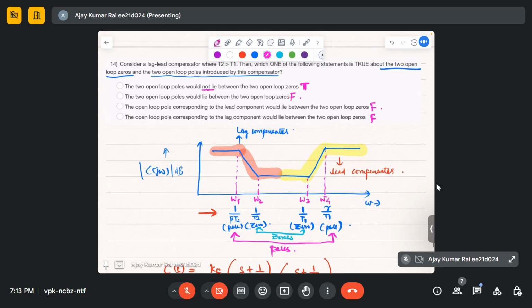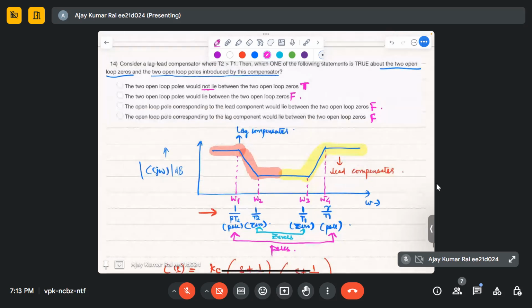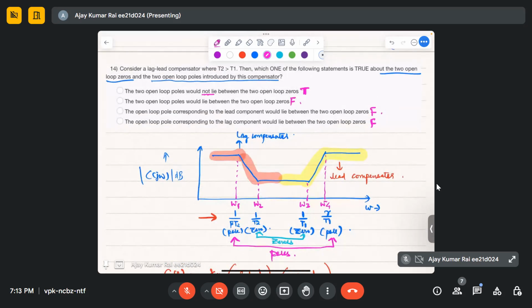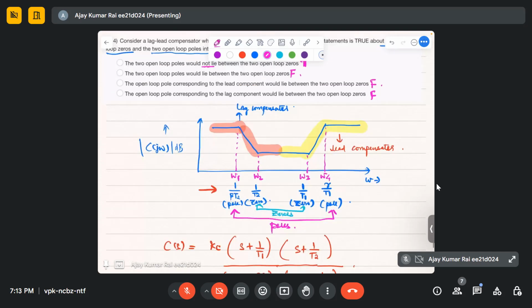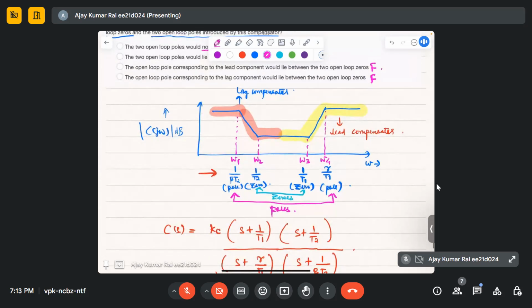It is actually the opposite, which is said by the first statement. You just see where the open loop poles and zeros are lying and which one is matching. If you have a doubt... I hope there is no doubt in this question. It's just straightforward, right? Look at the location of poles and zeros of lead and lag compensator.